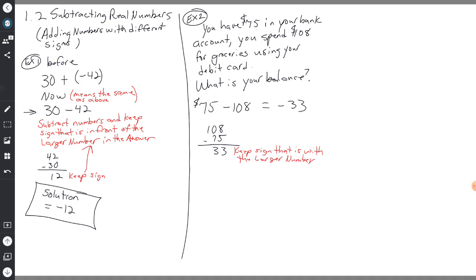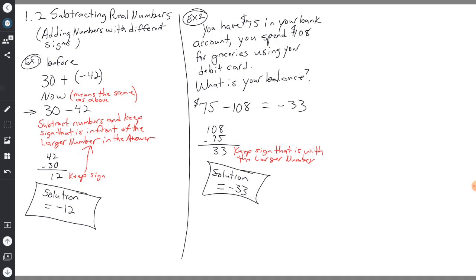So the larger number, 108, has a minus sign. So negative $33 in that case would be the balance.